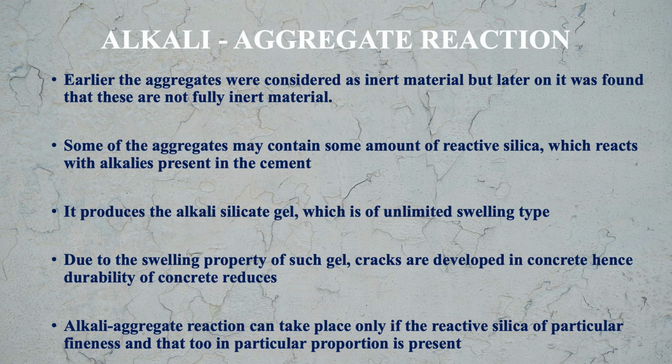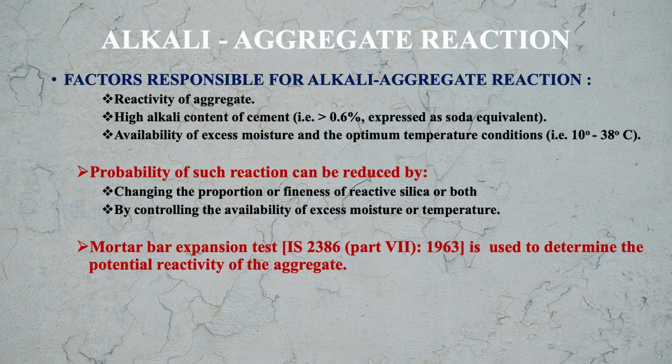Alkali aggregate reaction can take place only if the reactive silica of particular fineness and that too in particular proportion is present. The factors responsible for alkali aggregate reactions are reactivity of aggregate, high alkali content of cement, that is more than 0.6% expressed as soda equivalent, availability of excess moisture and the optimum temperature condition, that is between 10 degrees to 38 degrees centigrade.